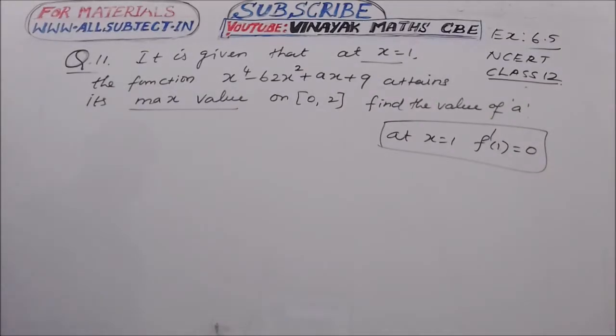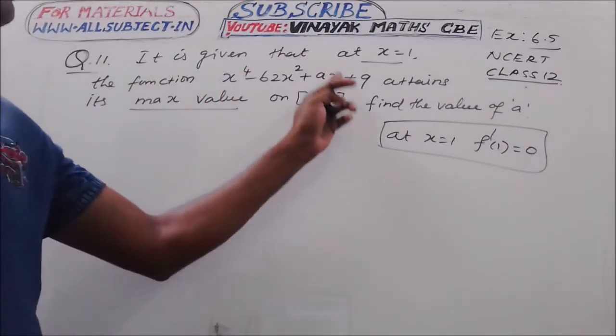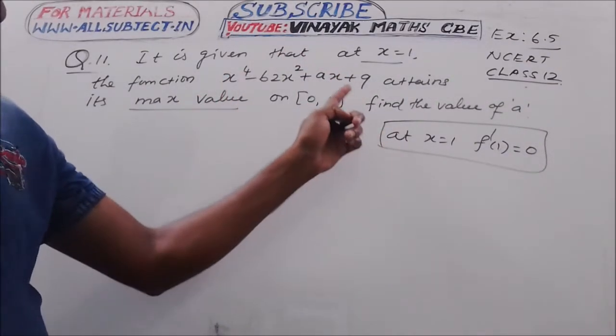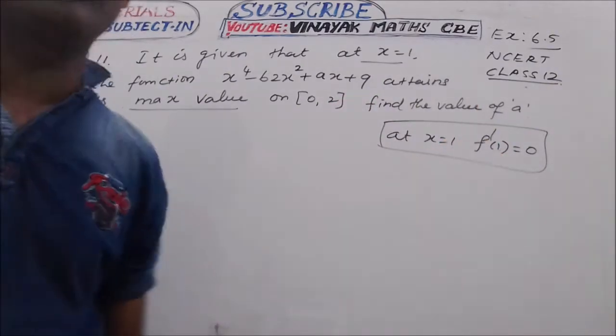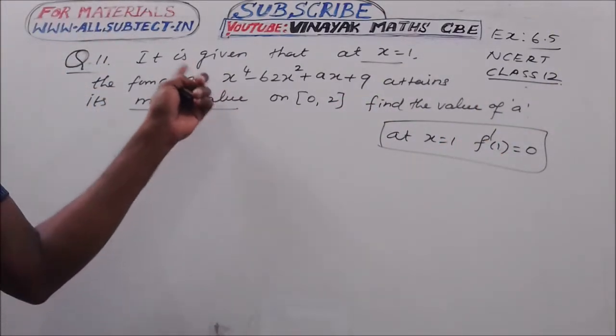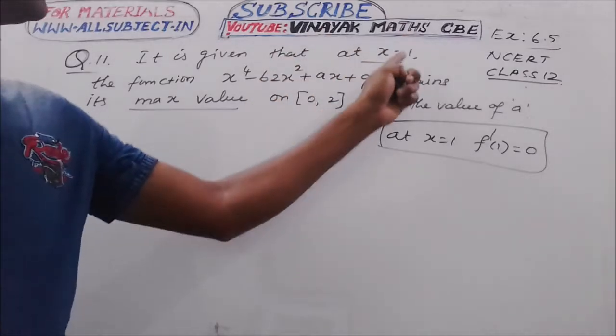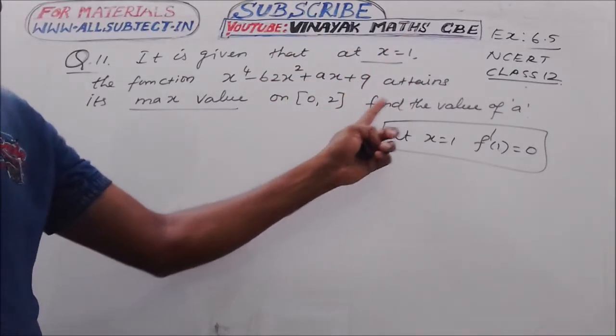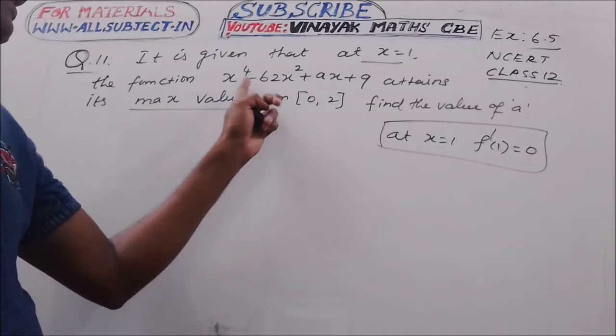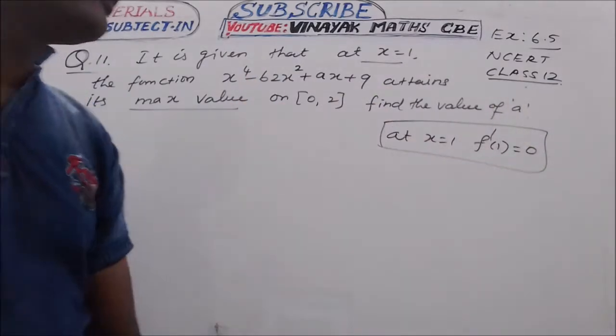It is very important. If a function attains its maximum or minimum, at that point f dash of x is equal to 0. So given that it is a maximum at x equal to 1, this means at x equal to 1, the derivative of the function becomes 0.